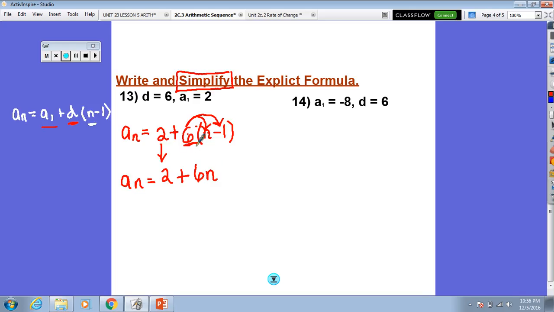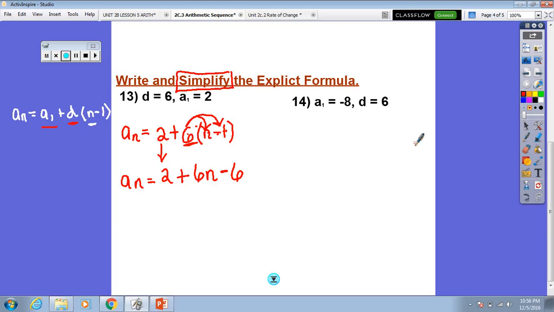Then we will multiply 6 times a negative 1. Don't forget the sign in the middle is the sign of your second number. So that will give me a negative 6. Now that the parentheses are gone, all we need to do is combine like terms.